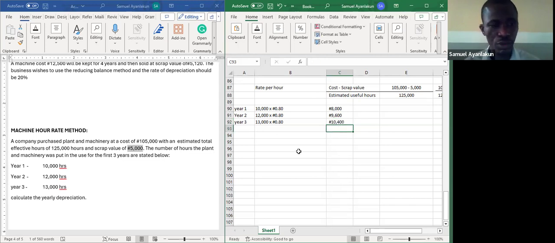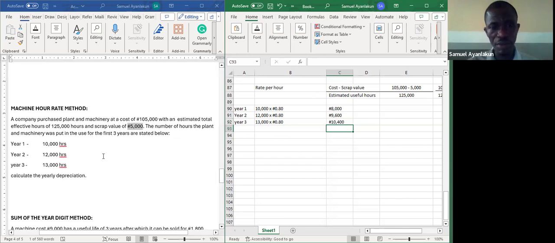So this is how to do the machine hour rate method. The machine hour rate method is another method of depreciation.